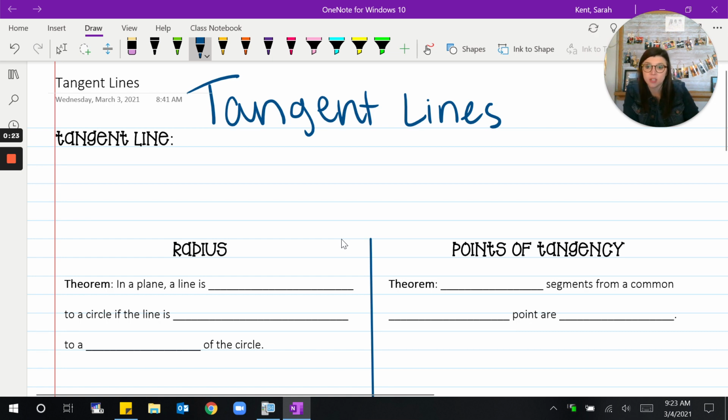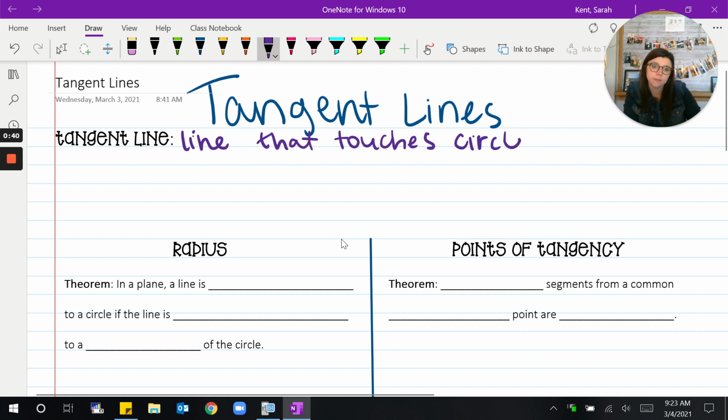A tangent line is a line that touches a circle one time.